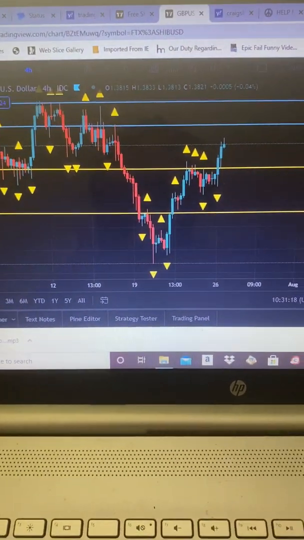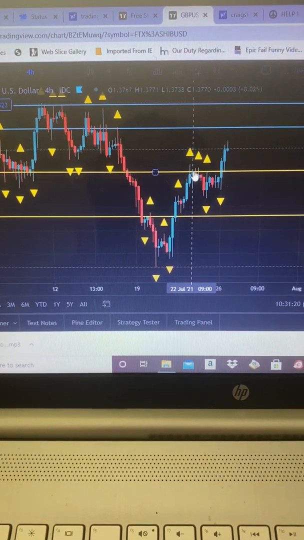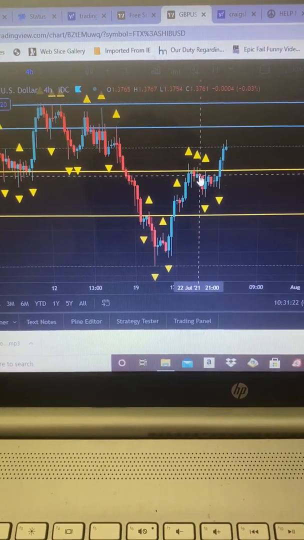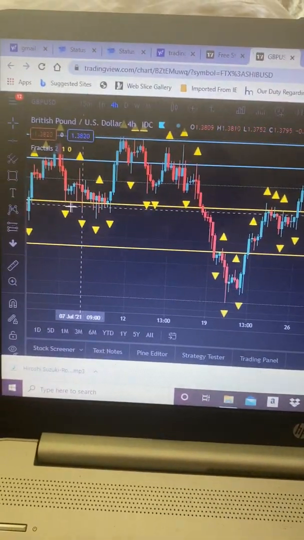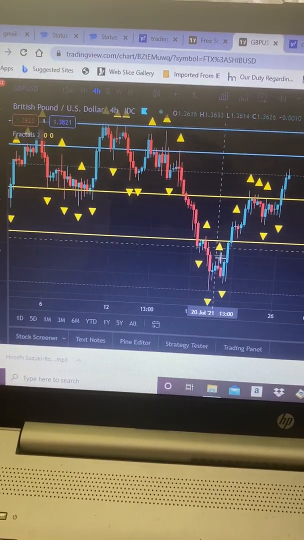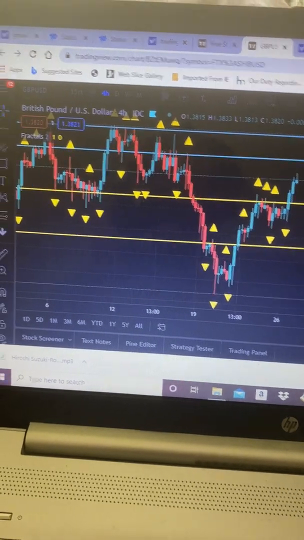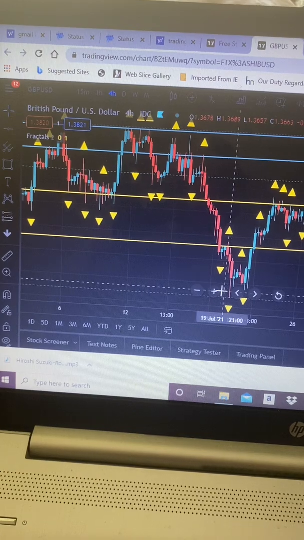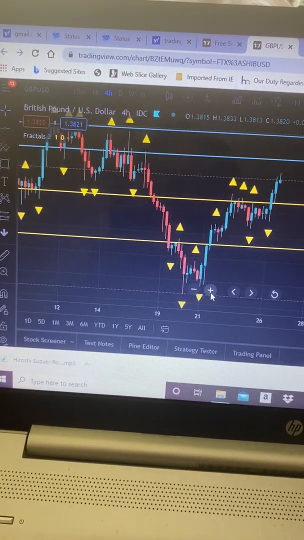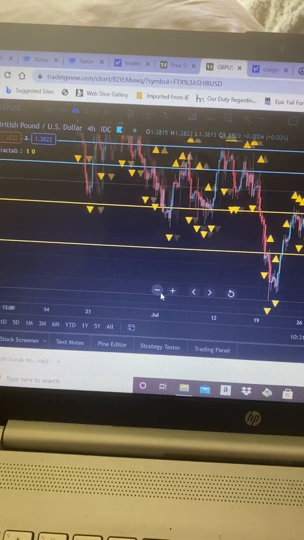So, unfortunately, last night I saw these fractals right here, and I was like, the market's going to go down. Because this is actually a retest area. It broke, made a lower low on the higher time frame. Well, probably on this time frame. Hold on one second.